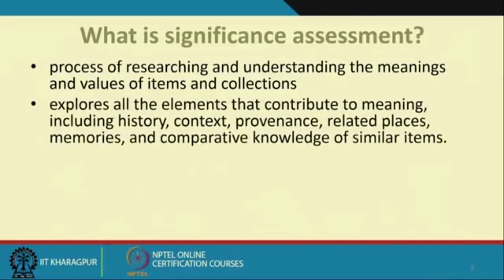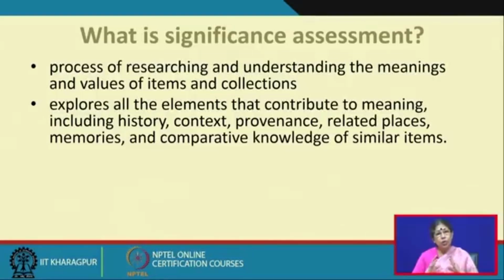So, it needs a proper understanding and it explores all the elements that contribute to the meaning, including history, context, provenance, related places, memories and comparative knowledge of similar items. We will take each of these terms and explain what it means in relation to some items and collections of items.